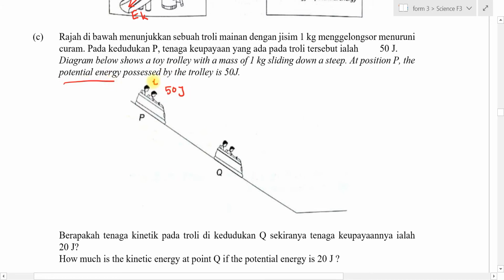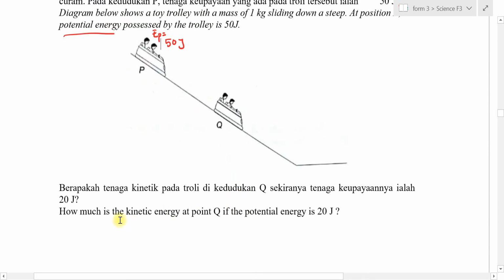Potential energy. Okay. How much is the kinetic energy at point Q if the potential energy is 20 joule? That means they're asking how much is the kinetic energy here when your potential energy is equal to 20 joule here.